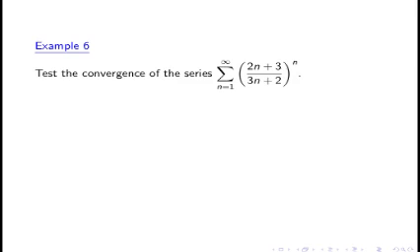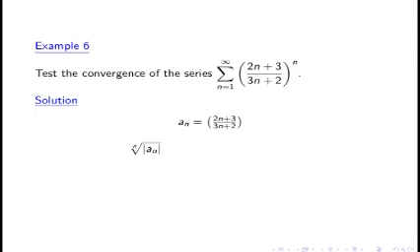Example 6. Test the convergence of the series, the sum from 1 to infinity, of 2n plus 3 divided by 3n plus 2, all raised to the power n. Solution. Here, the nth term, an, is 2n plus 3 divided by 3n plus 2, all to the power n. We think of an as being that term.